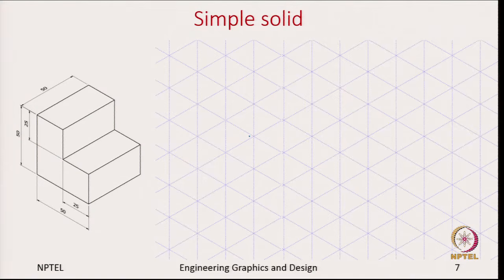One way of building it is to count the number of cubes and then start building them. In the first row you have 2 cubes and in the second row you have a total of 4 cubes, because the height is 2 and you have 2 cells. So, essentially it is like a cube of 2 units. Let us develop a cube of 2 units and from there we can develop this object.